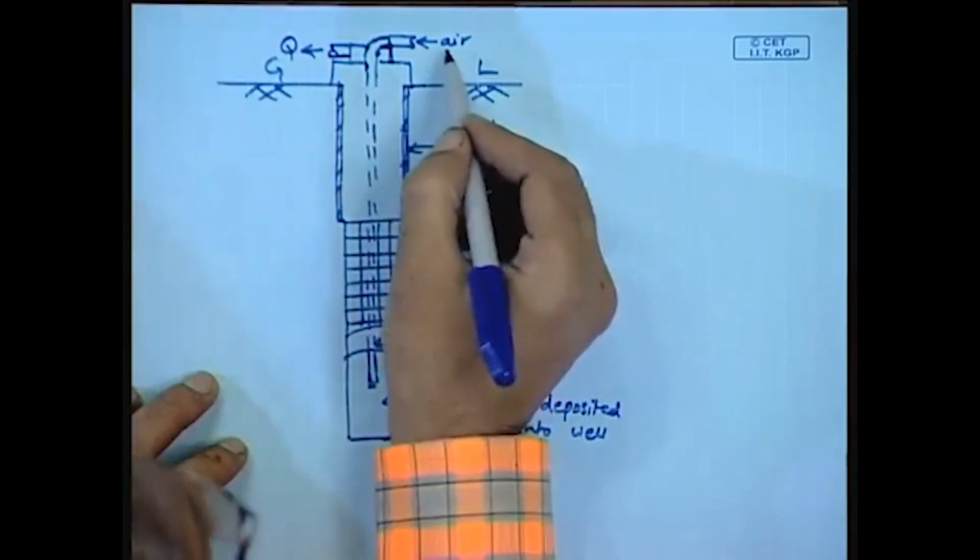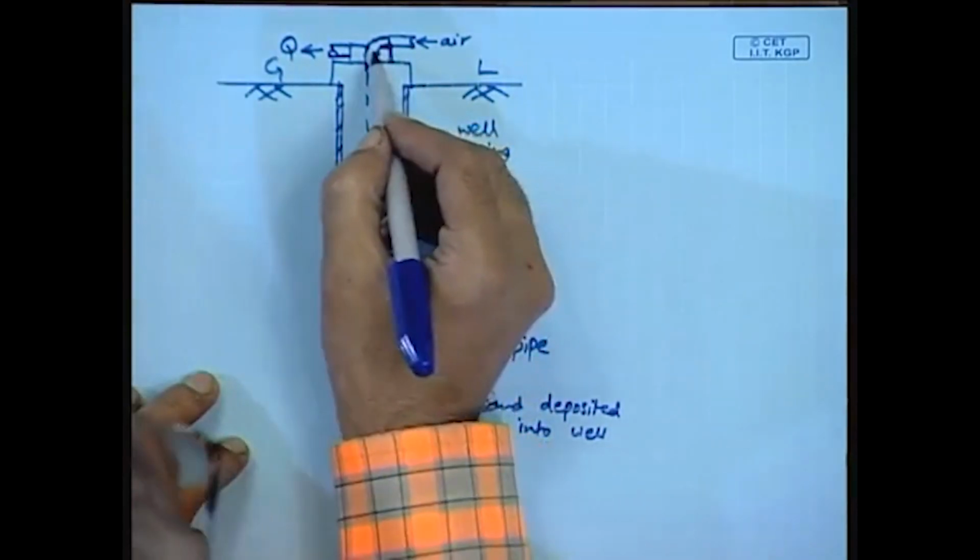Water is taken out here, and this air is here, and there is a clamp here.